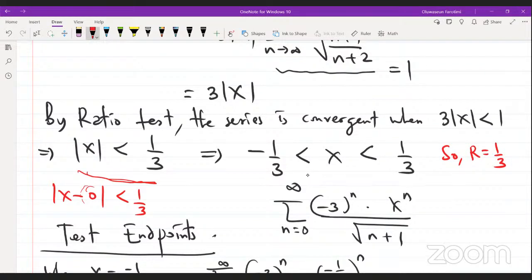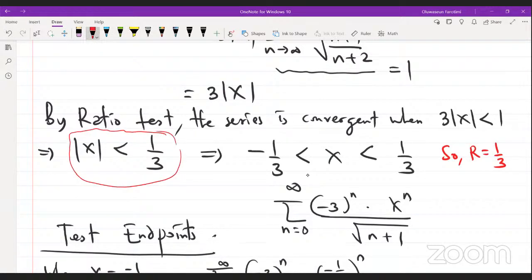So to know the radius of convergence, after you have this interval right here, let me just circle this part. After you have this guy, you have to write it in this form, okay? Make sure that the only thing you have in the middle is x.